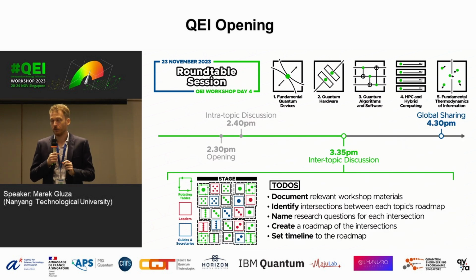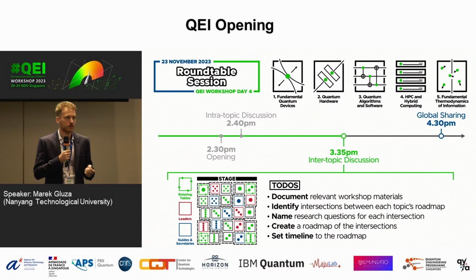Then at 4:30, the key moment of the workshop, we will be rounding out the roundtables, so you will have time to globally share with everybody your thoughts and conclusions. The goal of the global sharing phase will be to formulate the takeaways of this workshop.